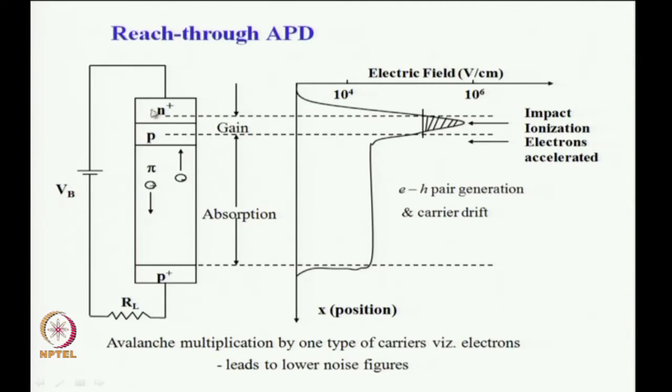Please see that in this design, this is primarily the catchment area. The photons are incident and absorbed primarily in this region. This is not exactly to scale, because the thickness of the other regions is much smaller compared to the thickness here. So, the light incident on the photodetector is primarily absorbed in this region, and electrons and holes are created here.